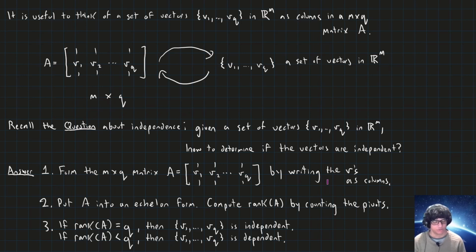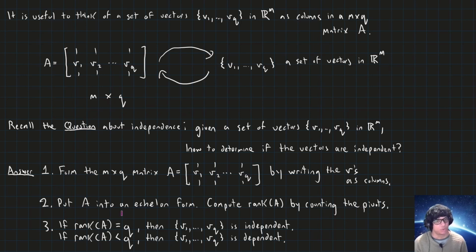So the next question you could ask is, if I can't have a full set of independent vectors, what's the next best thing? In other words, what's the biggest subset or subcollection of these vectors I can have that's independent?